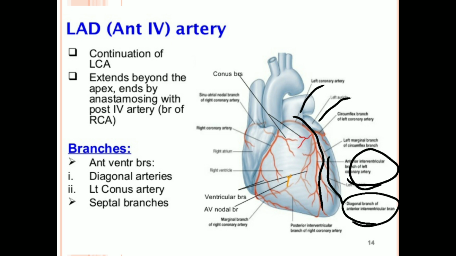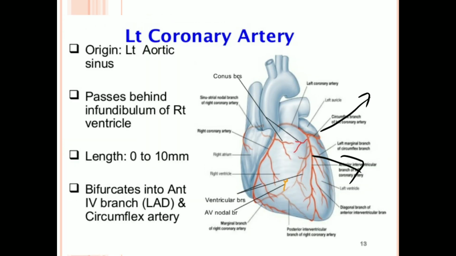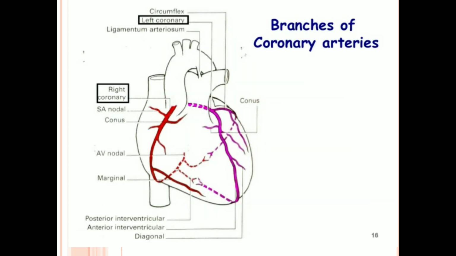Then one more is the circumflex artery. The circumflex artery travels in the left anterior coronary sulcus, and it has branches. One of its branches is called the left marginal branch of the circumflex artery. You can see the branch clearly here.